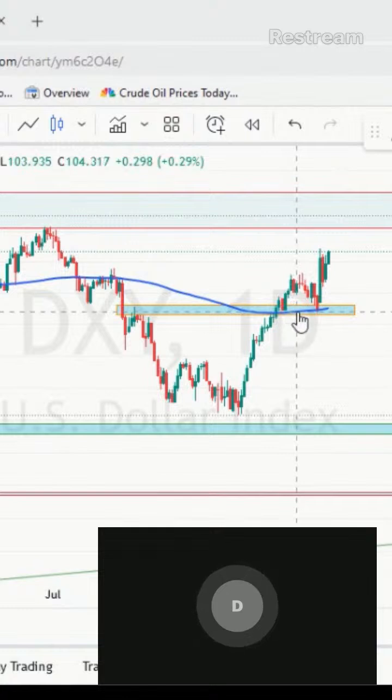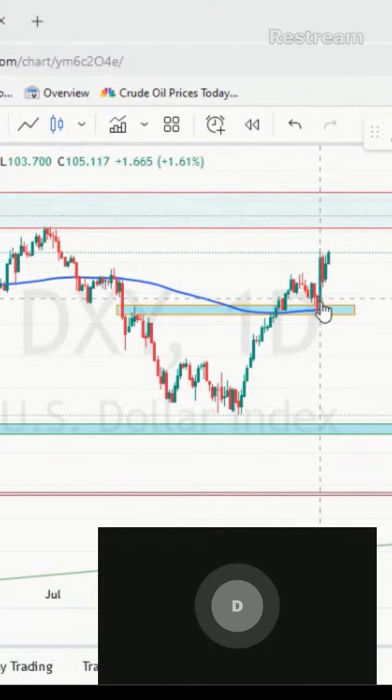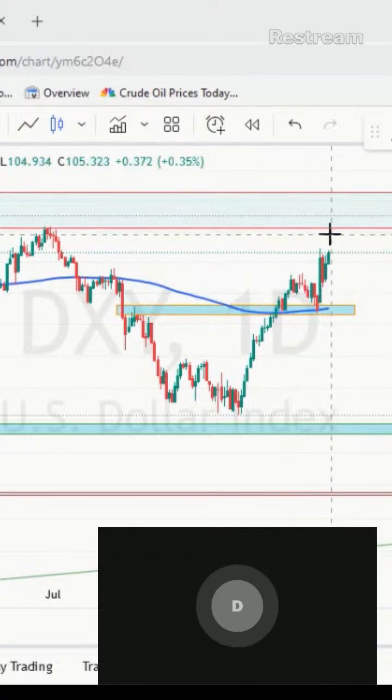Since this place has been used as support, the price is going to move from there, or in fact has already taken off from there. The next place we are going to is this resistance we have here at 106.20.